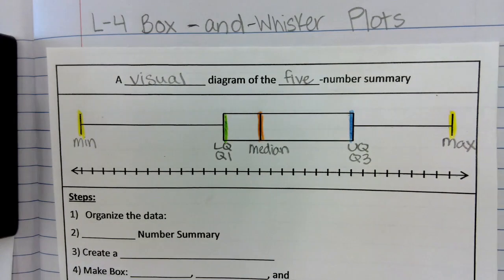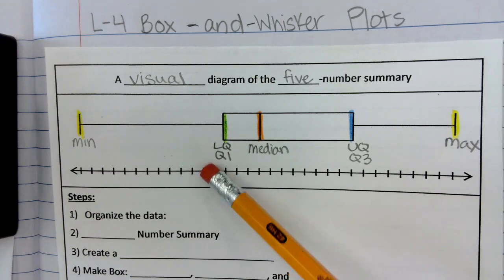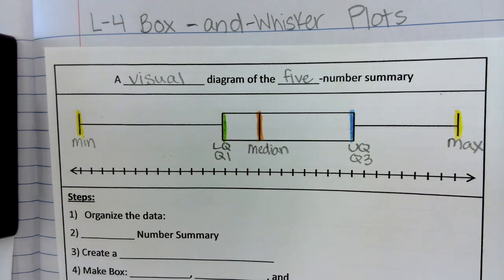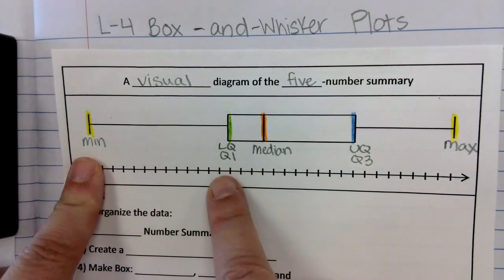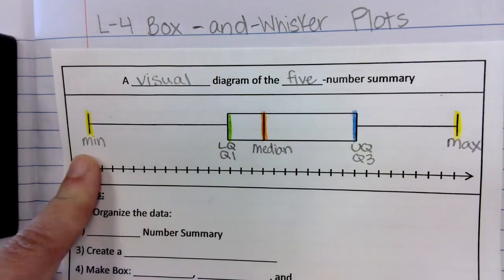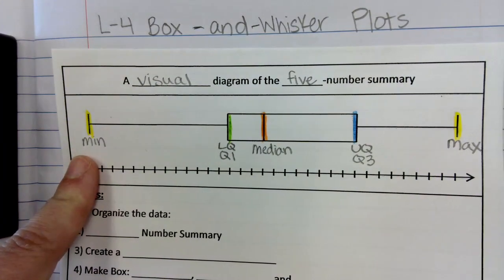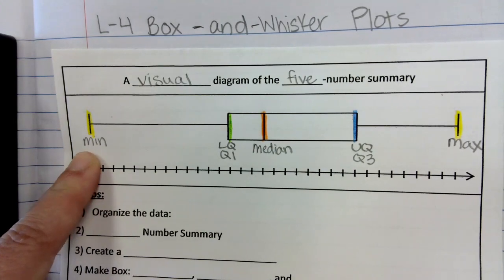Now this is our visual, and the visual shows us that even though we have the same percent of the data in between everything, it can spread its way out. So how much is in this first part between minimum and lower quartile? How much is in a quart or a quartile? How much percent of data? 25%, good. So we have 25% of the data here.